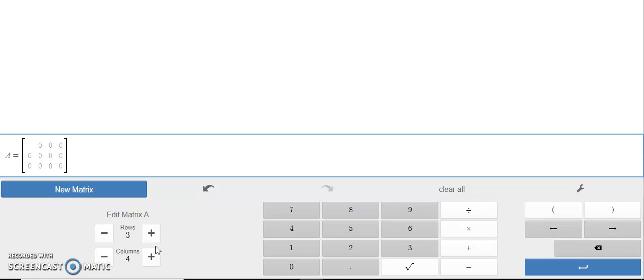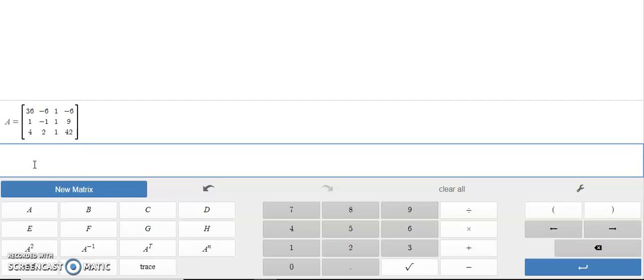So our top row will be 36, -6, 1, and -6. Our middle row will be 1, -1, 1, and 9. And our bottom row will be 4, 2, 1, and 42. So hit enter.